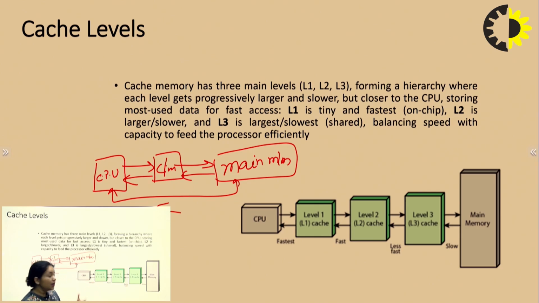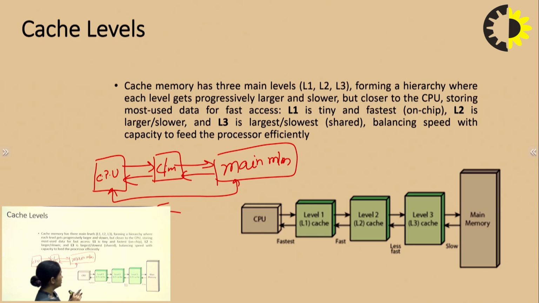Now we know that we are executing a program, and there is a set of data which will be called. Instead of searching in the main memory, I want it in the cache memory, but it will be accessed after a certain time. First I need a set of data.